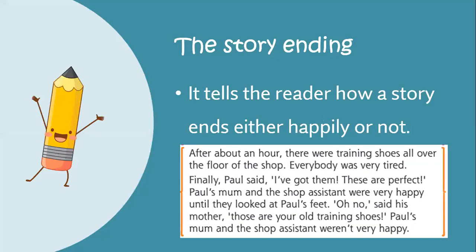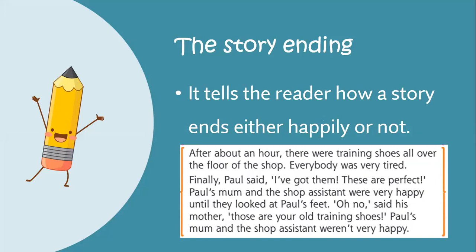Okay, then we have the story ending. It tells the reader how a story ends, either happily or not. And this is the part when you write, if there was a problem, how you solve this problem. For example, if you're writing about the day when you got lost at the park, you say that I tried to find my mother.